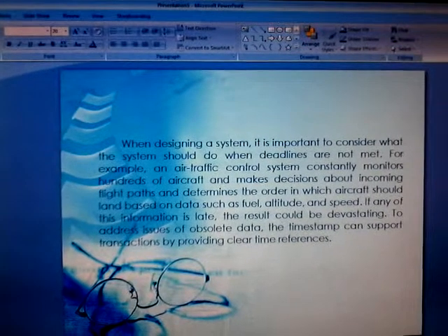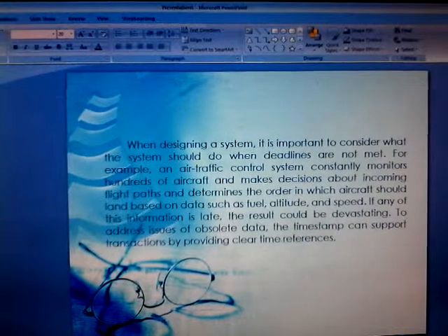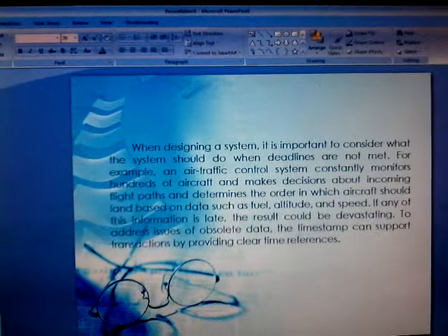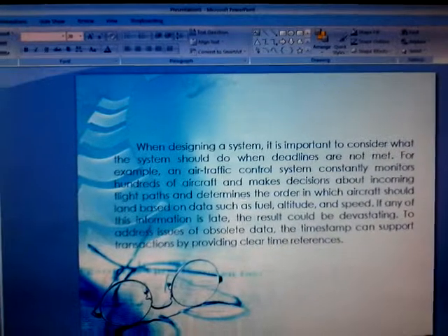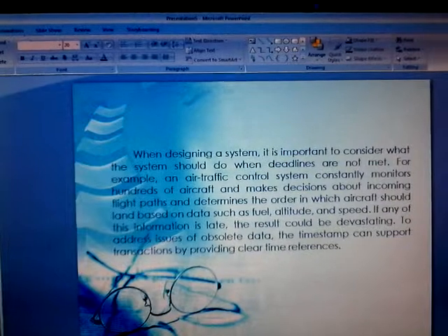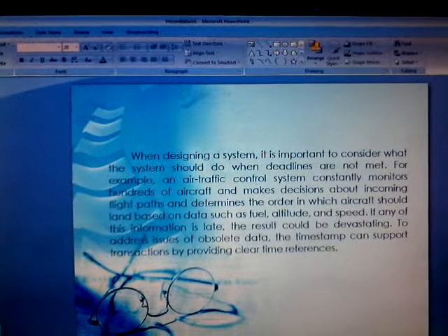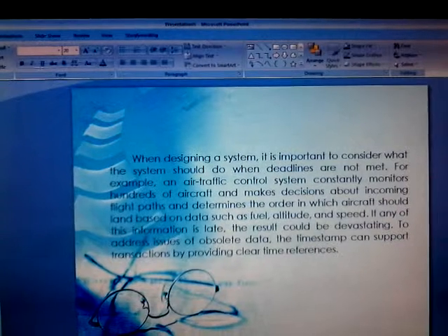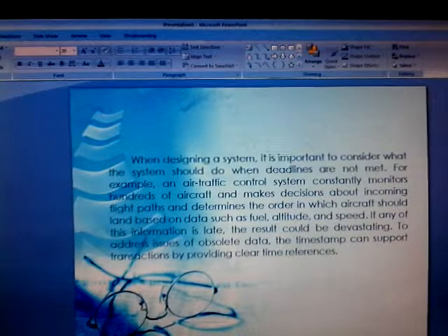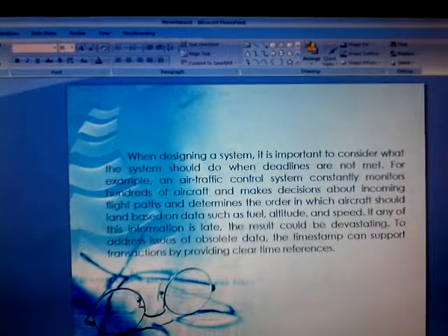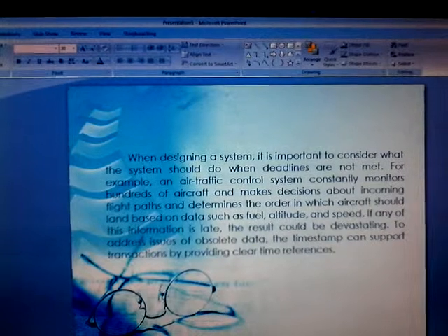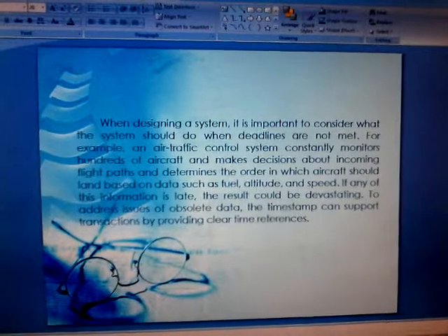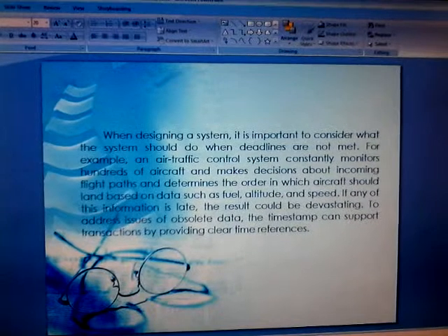When designing a system, it is important to consider what the system should do when deadlines are not met. For example, an air traffic control system constantly monitors hundreds of aircraft and makes decisions about incoming flights, paths, and determines the order in which aircraft should land based on data such as fuel, altitude, and speed. If any of this information is late, the result could be devastating.